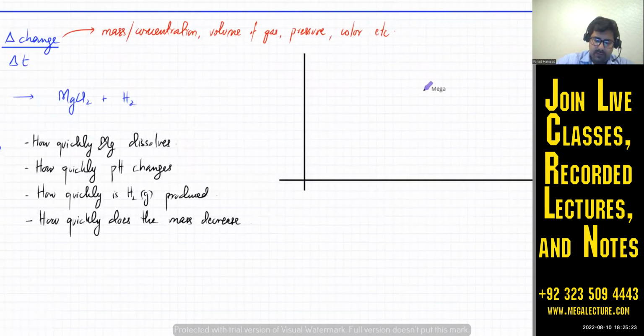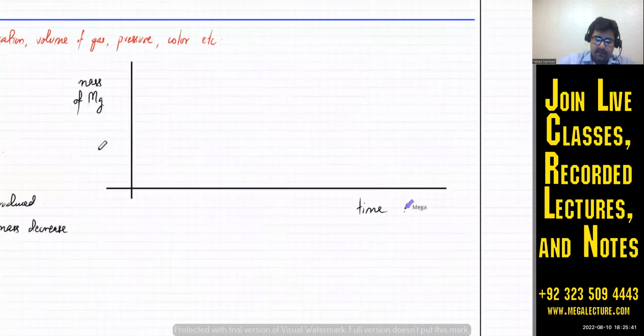So what you can do is measure the mass of Mg in the beaker. Like every 5 seconds you can take it out and measure the mass, right? So how quickly does Mg dissolve? And on this axis you've got time. Okay, and the graph would most certainly be something like this.